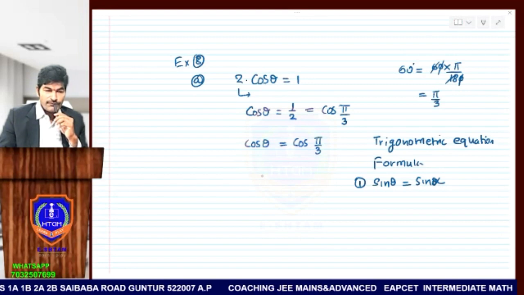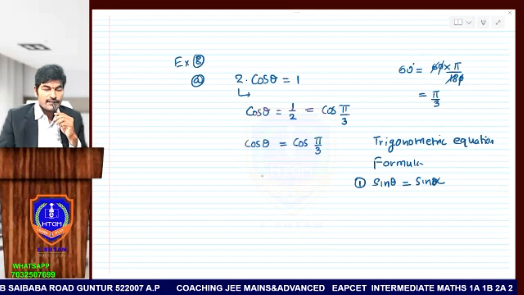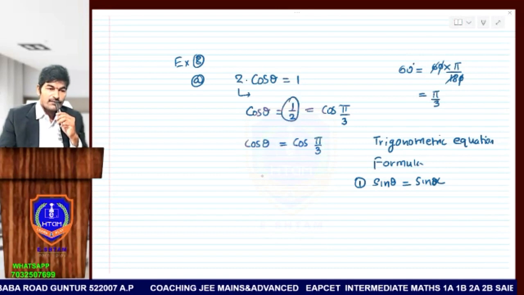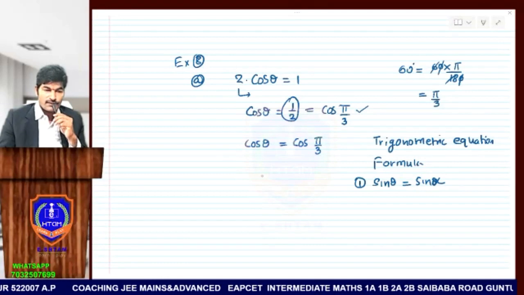For example, if sine was involved in the trigonometric equation, then the equation looks like sin theta equal to sin alpha. That means in a similar manner, you have to convert this 1 by 2 as sin alpha for some particular alpha. The present situation was cos theta equal to cos alpha.